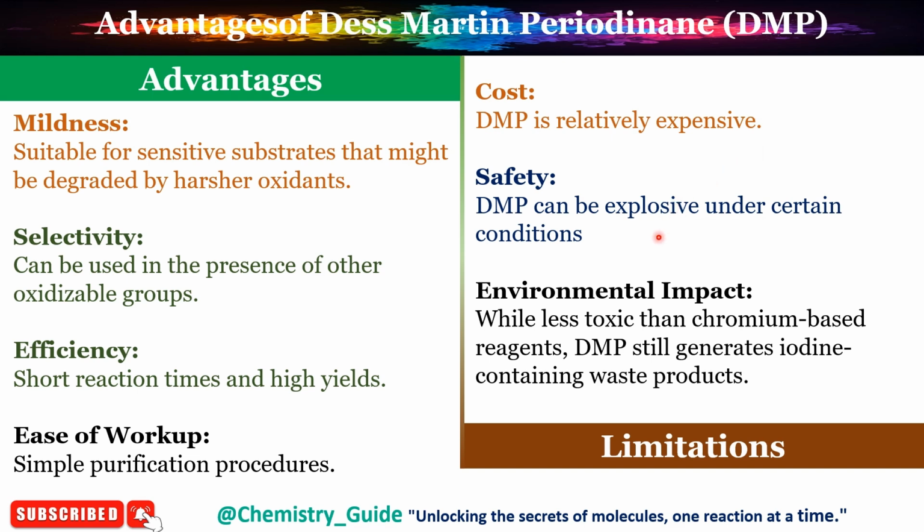In some storage conditions, the DMP can be explosive in nature, and thus it has a hazardous environmental impact. While the chromium reagent, as we have seen, is highly toxic in nature, still, DMP generates iodine, which is also a hazardous reagent liberated during the DMP reaction.